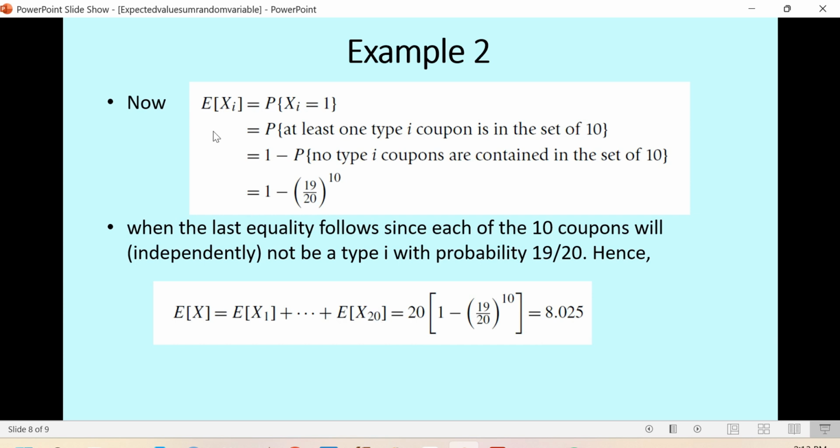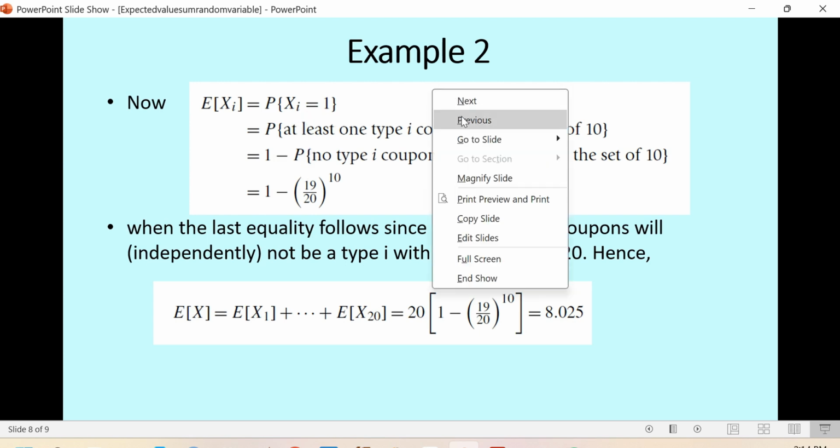We now calculate the expected value for each coupon type in these 10 coupons, right? So the expectation equals the probability of Xi equals 1, which can be calculated as 1 minus the probability of Xi equals 0, right?